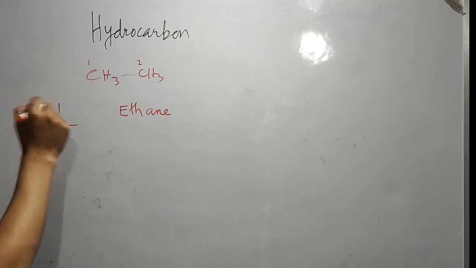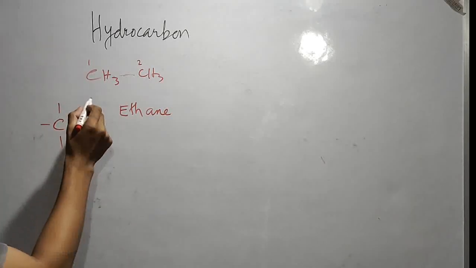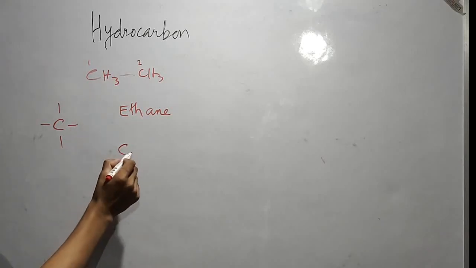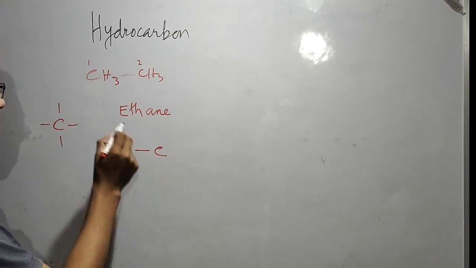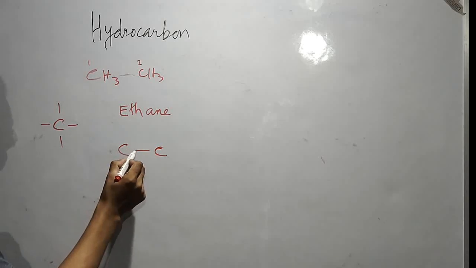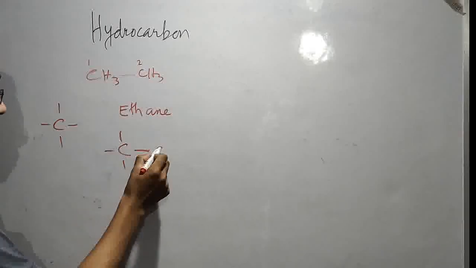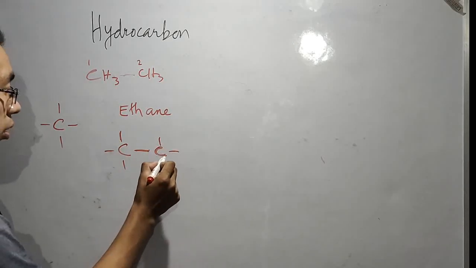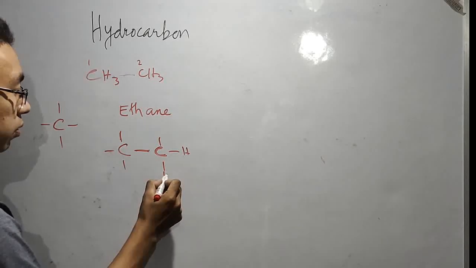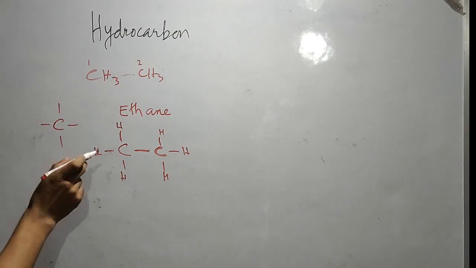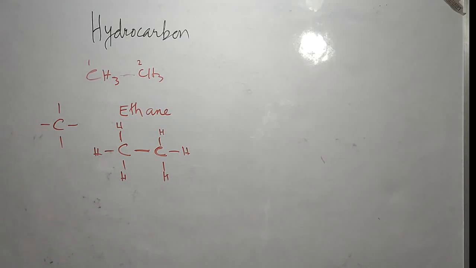So the structure of this one can be like this: C C. Now H, isn't it? 1 bond is already gone here, so 3 more remaining. 1 2 3 4. For this carbon also 1 2 3 4. Then you just have to put H H H. So this is how the structure of ethane will look.